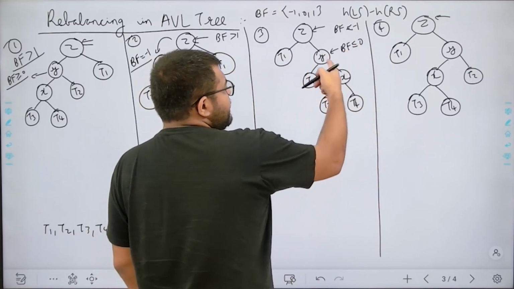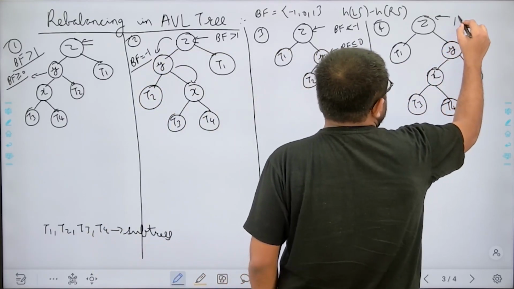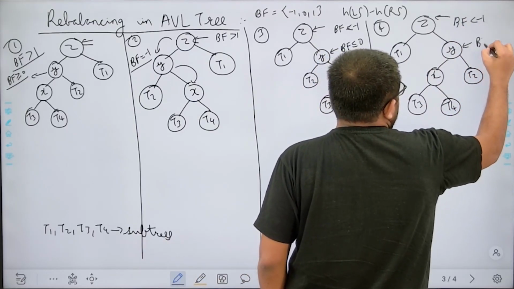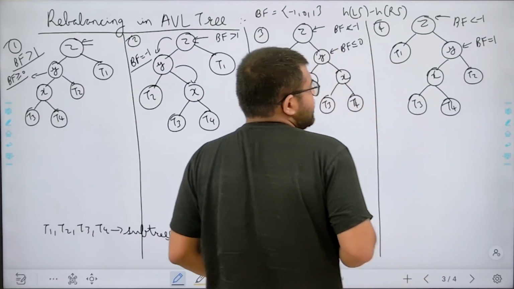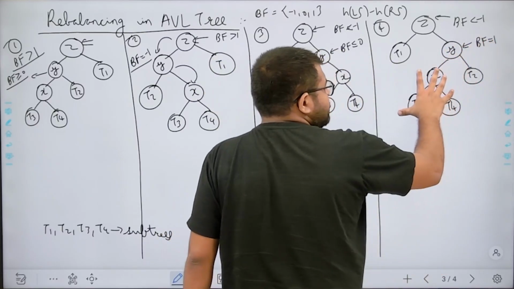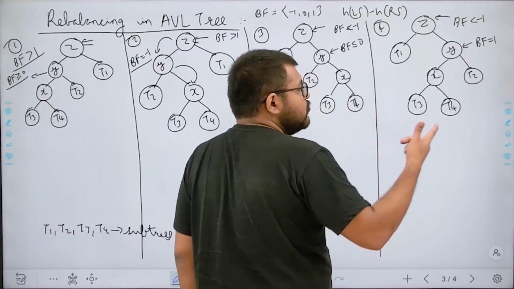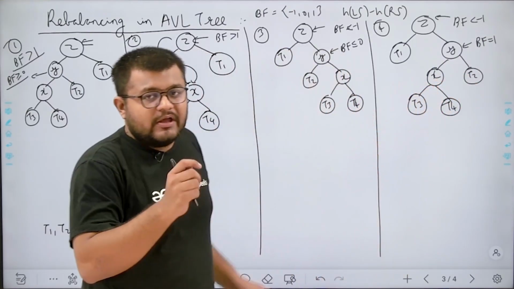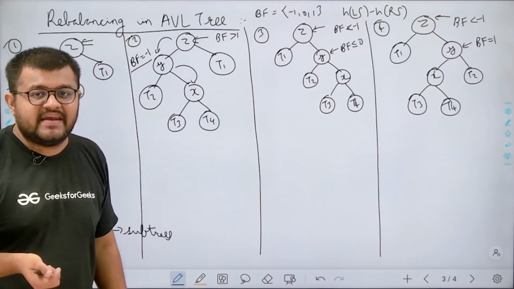Okay, what is the case if the balancing factor of z is less than -1 and the balancing factor of y is equal to 1? It is 1, so the left subtree has one height more than the right subtree, so we are selecting x on the left hand side. So I hope you are clear with the selection of y and x.